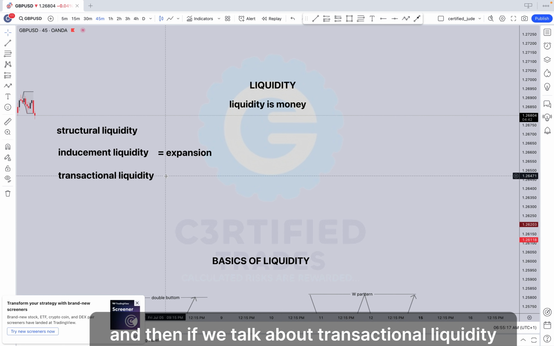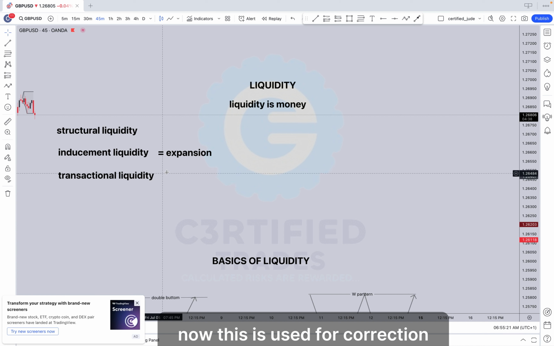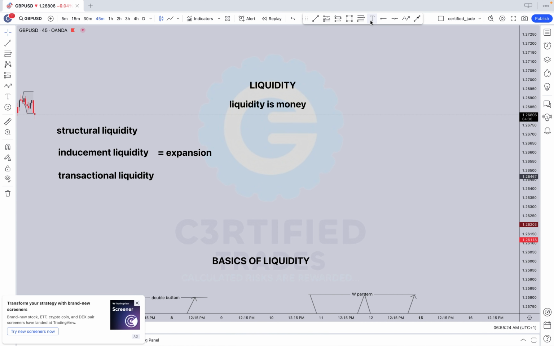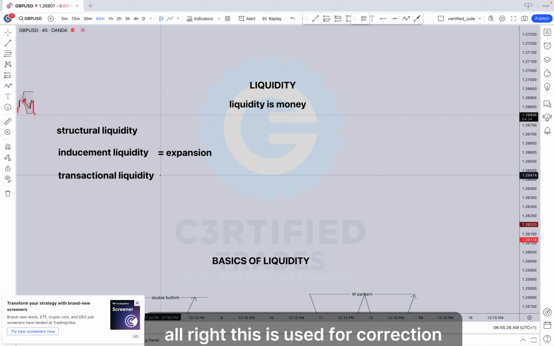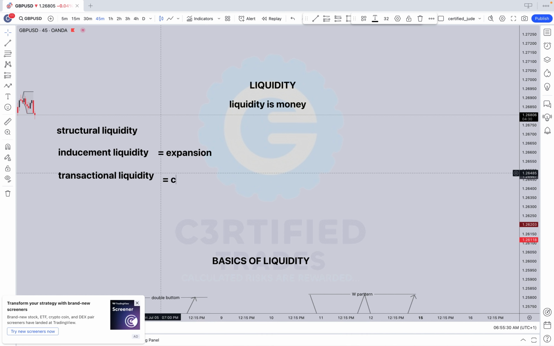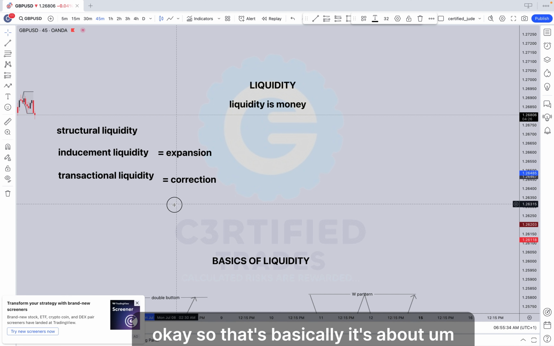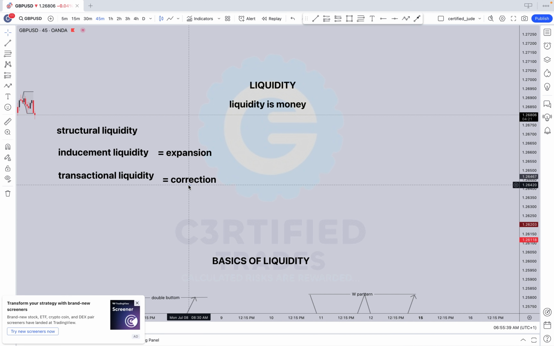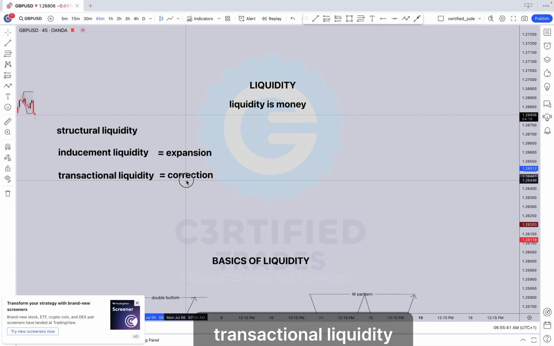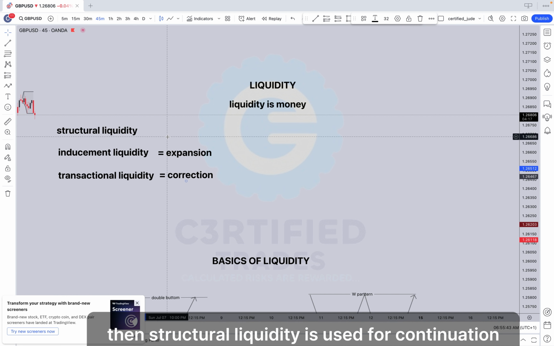And if we talk about transactional liquidity, this is used for correction. So that's basically it about transactional liquidity. Then structural liquidity is used for continuation.